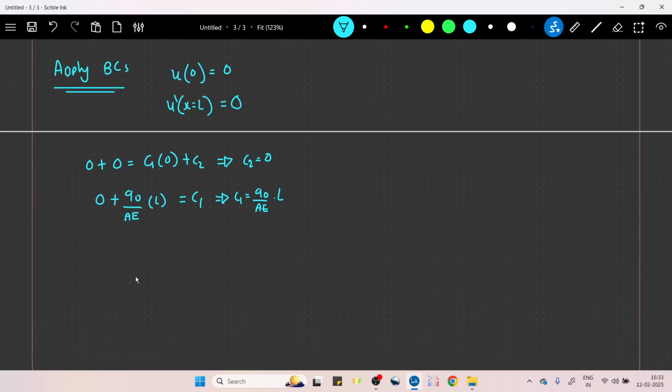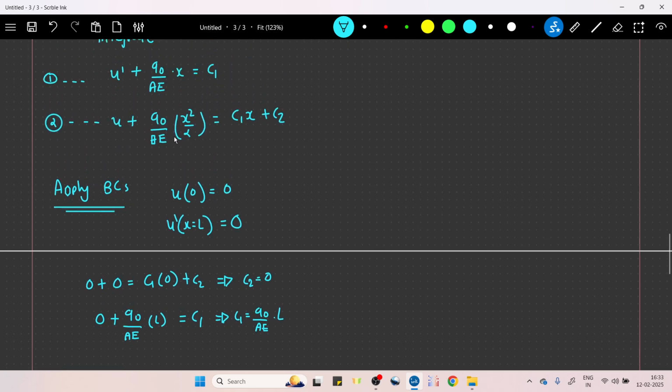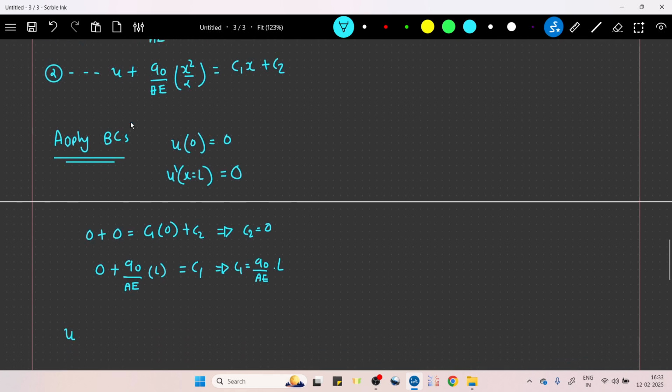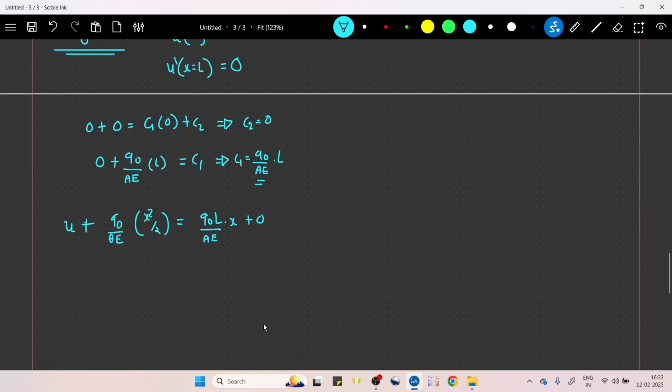So what is my solution u? I'll substitute this in equation 2. I get u plus q0 by AE times x square by 2 is equal to c1x, and c1 is nothing but q0 L by AE, so q0 L by AE times x plus c2, where c2 is equal to 0.